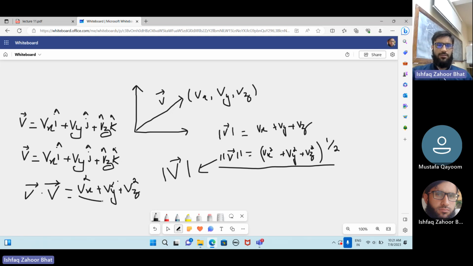And this is nothing but mod of v square, that is the second norm of v squared.